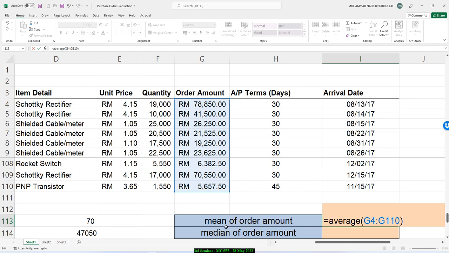To calculate the mean, you just type AVERAGE G4 to G110.